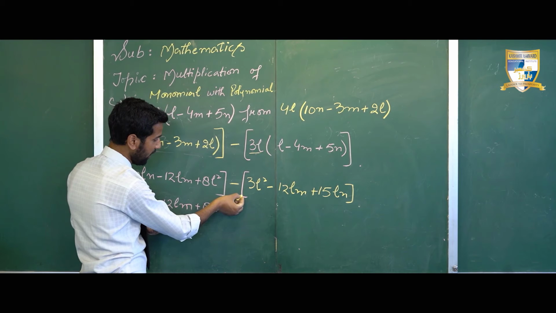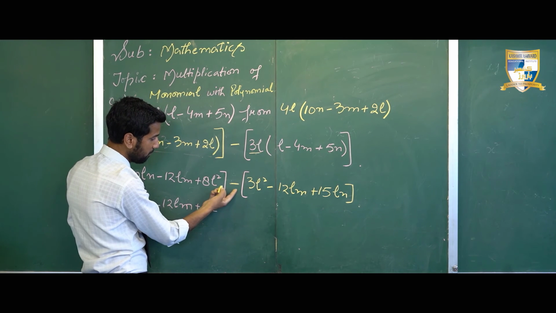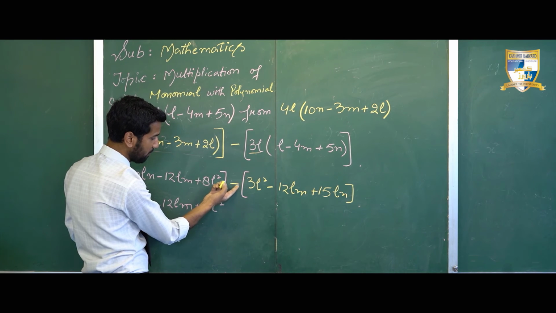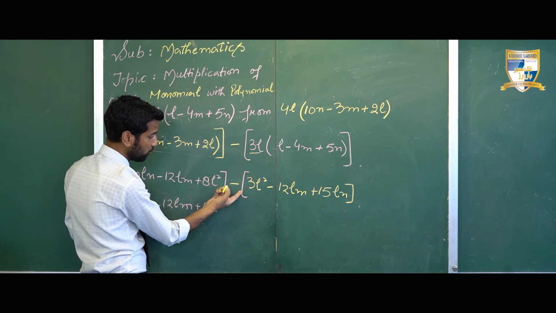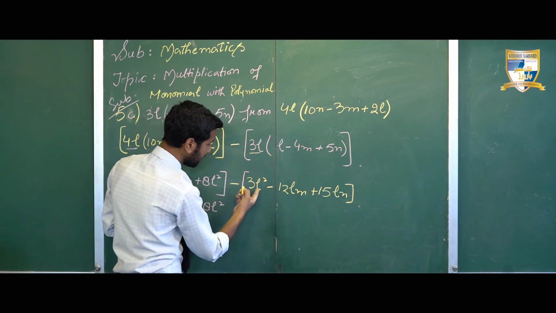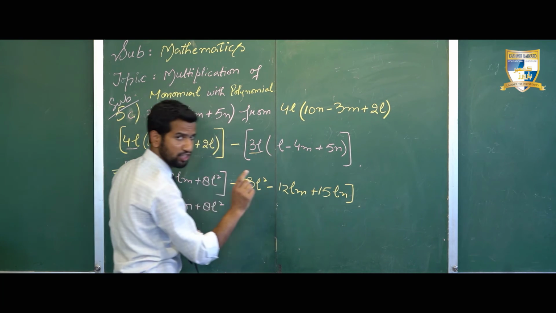And now here we need to be a bit careful, because we have an immediate minus here, meaning before the brackets we have a minus sign. Whenever you remove the brackets, the sign of each term will get changed.